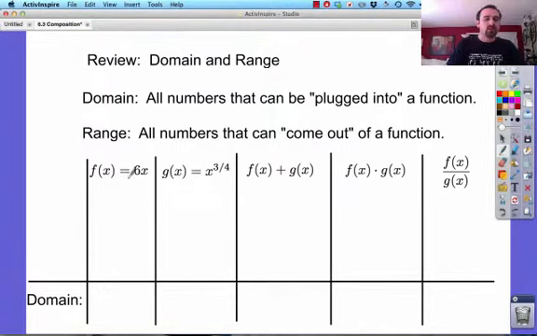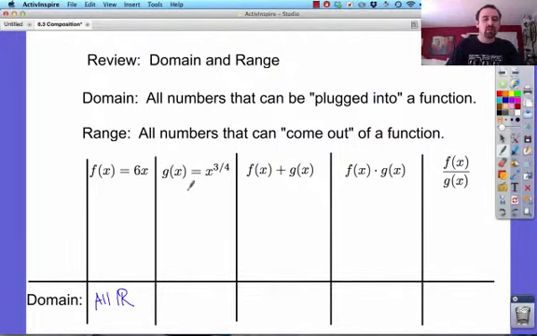So, 6x, what numbers can be plugged into 6x? All real numbers. And remember that's a symbol for real numbers. It's like an R with an extra line in it. All real numbers. So basically that just precludes complex numbers. This one's a little different. Remember, this is something we were just talking about, x to the third to the 1/4.